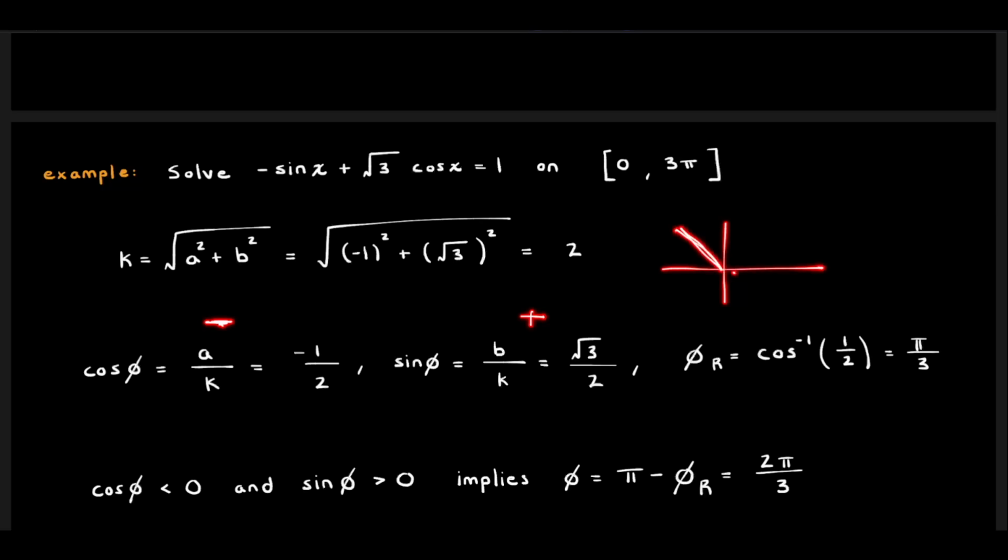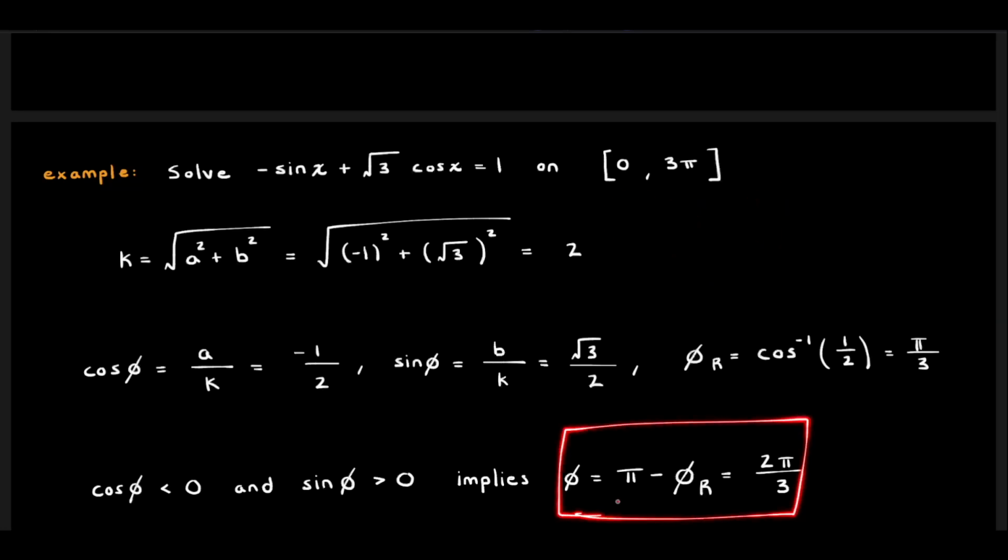Here, sine is positive, but cosine is negative. So what we're going to do is use one of these ratios, doesn't matter which one. In this case, I used cosine inverse of positive 1/2 to find my reference angle. Once I have my reference angle, I can use that to write the actual phi that we care about. So in this case, phi is going to be pi minus the reference angle. And so that's what we've written over here.